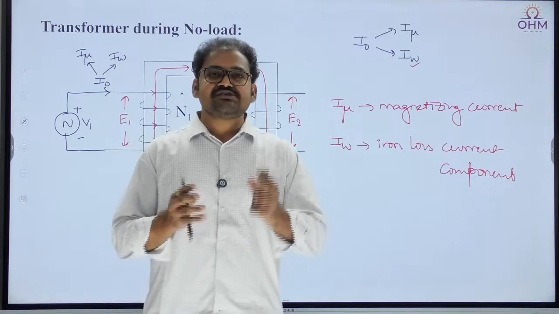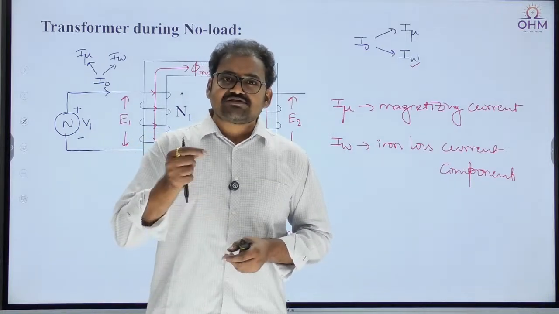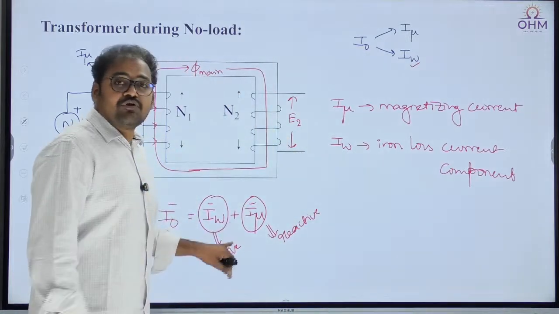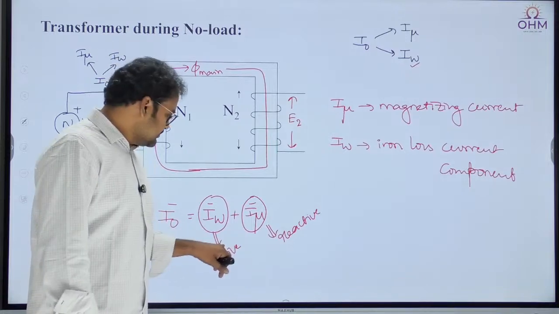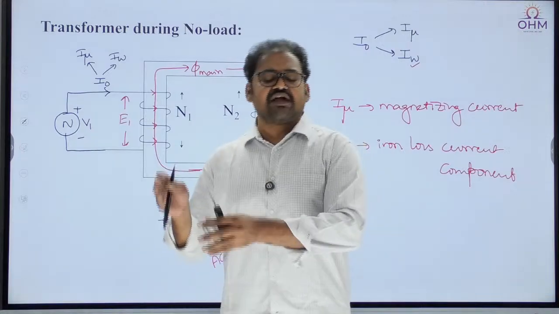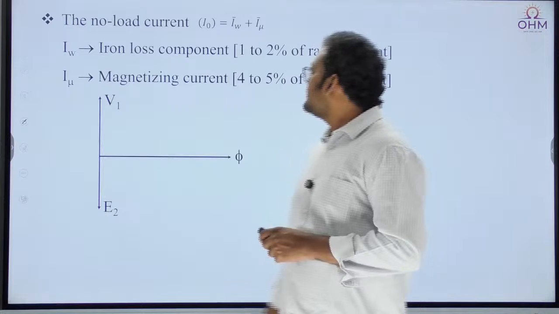We all know loss is nothing but an active power. Loss is always an active power. So as loss is representing active power, this IW is a purely active component and I mu is a purely reactive component. So when one component is active, another component is reactive, we have to add them vectorially like this.